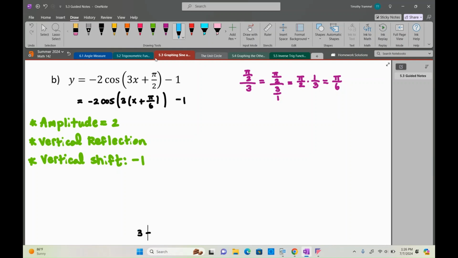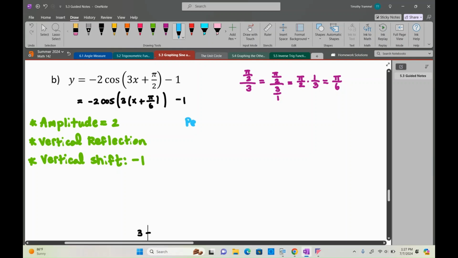So rather than the period taking 2 pi units, it's going to do that in a third of the time now. It's going to be 2 pi over 3 now is going to be the period. So let's go ahead and fill that in. So 2 pi over b. That's how we'll compute that period.